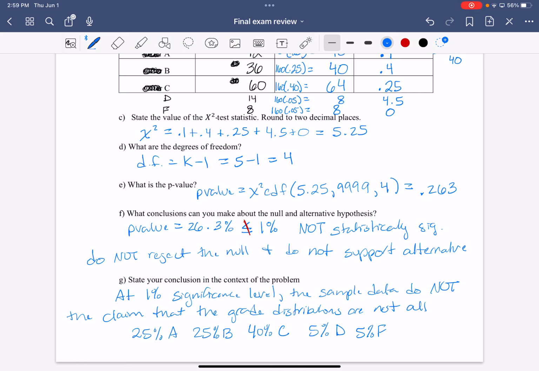Do we have to list them out like that, or can we say are not what is stated in the null? Well, read it to me fully. At a 1% significance level, the sample data does not support the claim that the grade distributions are not what is stated in the null. That's okay. I'd like it listed out.